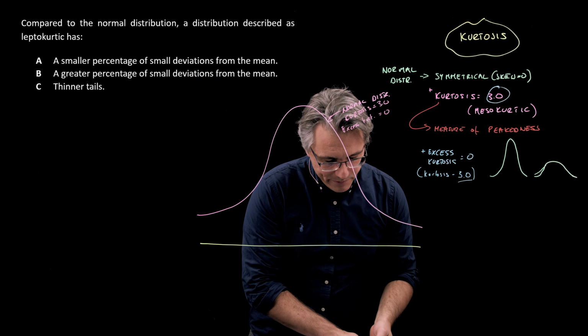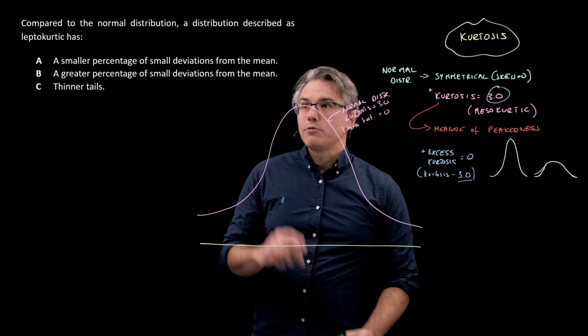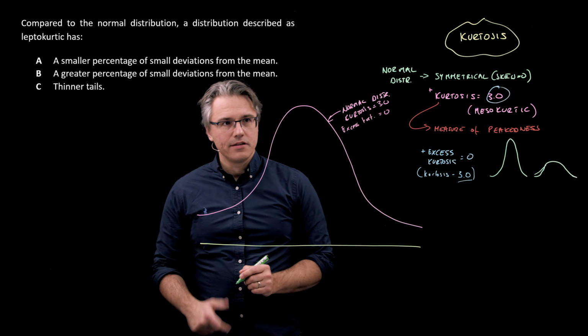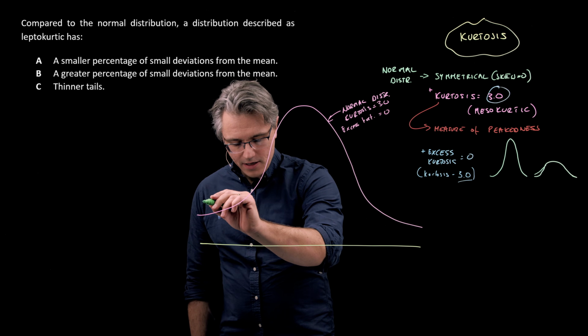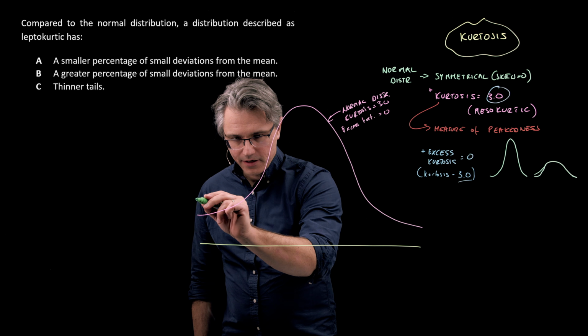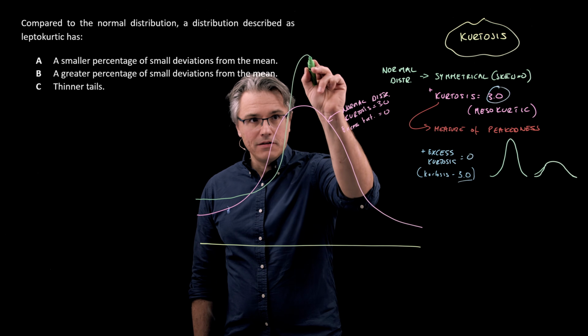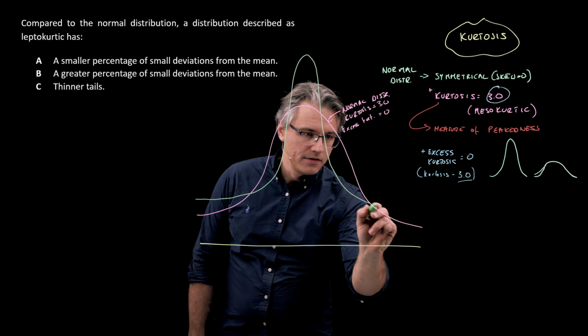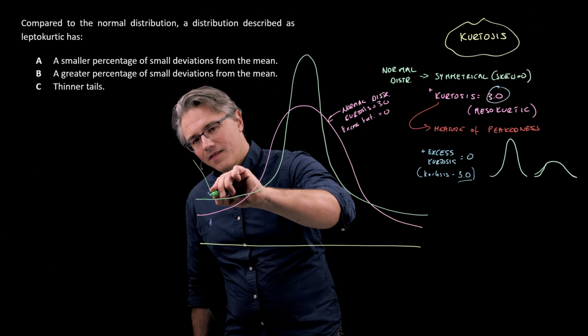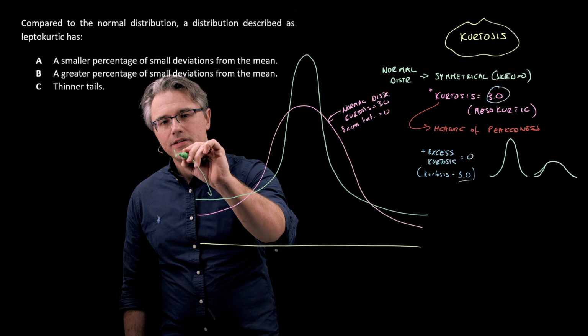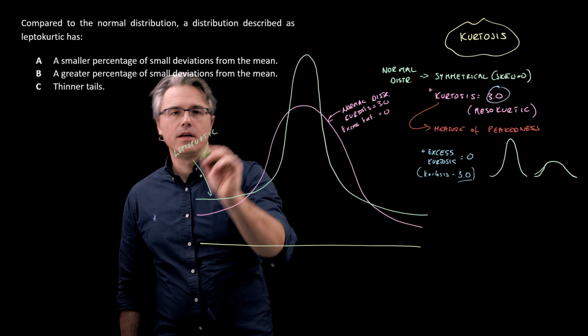Now, a leptokurtic distribution, which we're being asked about here, is going to look like this. It's going to have essentially fatter tails. But then in the middle, it's going to be definitely more peaked. Okay, quite happy with this one. So this is a leptokurtic distribution.